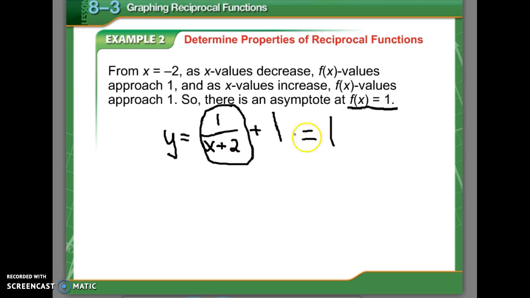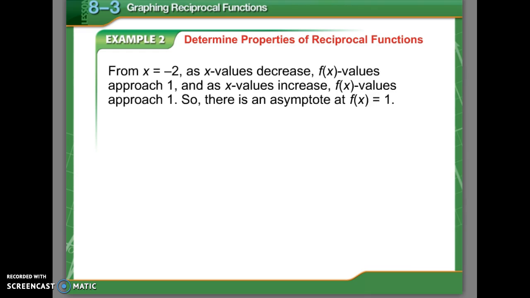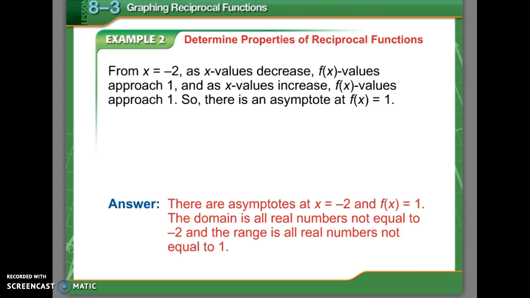So it still becomes 0 plus 1. So our asymptote on each side is just y equals 1. So again, the domain and the range is the same process as before. The domain is all real numbers not equal to -2, and the range is all real numbers not equal to 1. We're just taking out the asymptote values.